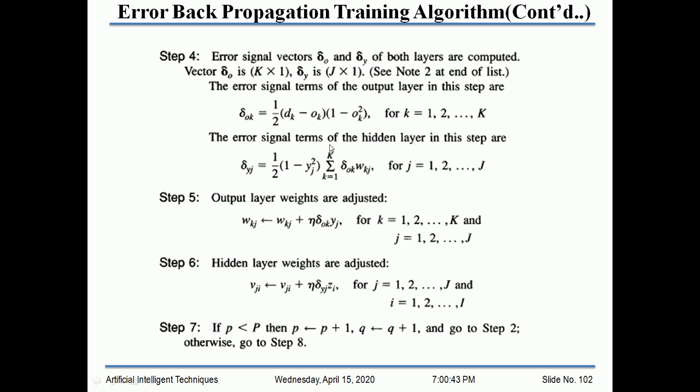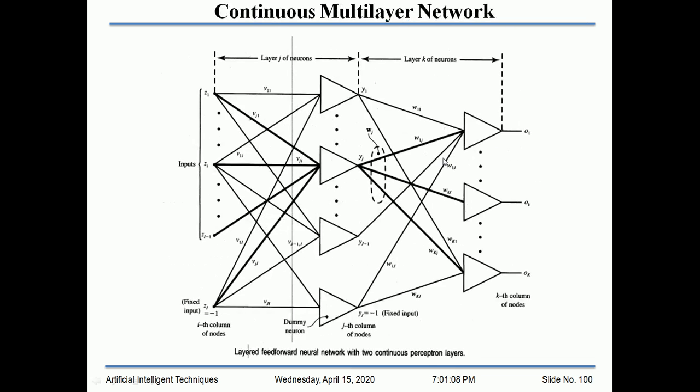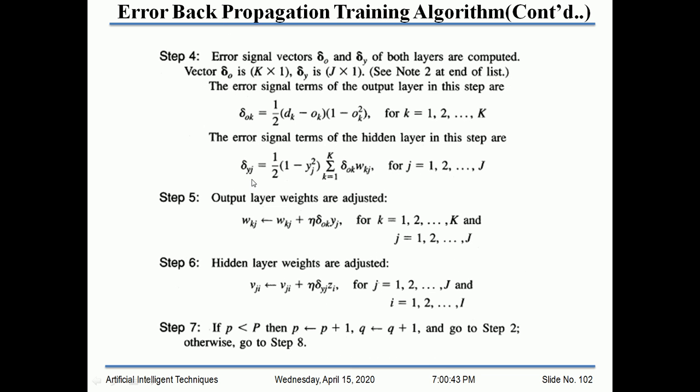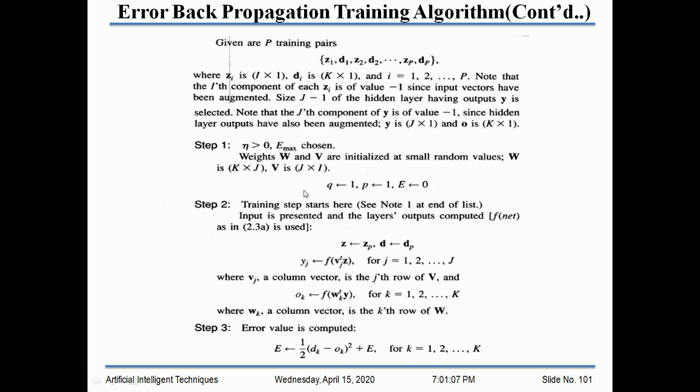We have seen delta OK, that is the error signal of the output layer. What is the error signal of the hidden layer? I don't know the desired output here. What I need to do is use whatever error signal I get here, the learning signal, in updating the interconnection weights W. So delta Yj is half into 1 minus Yj square. Why have we considered Yj?